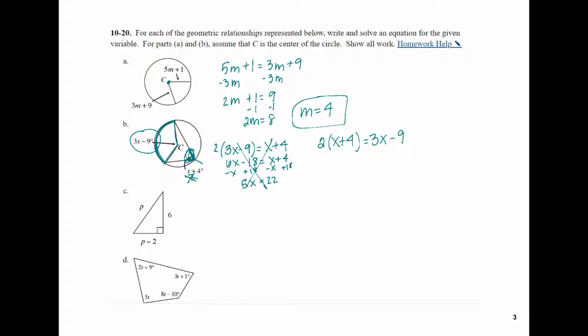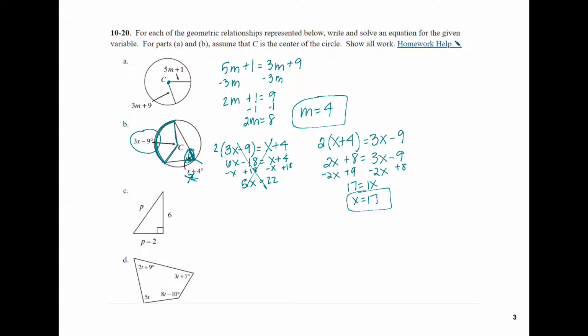So in order to set them equal, we need to multiply that angle by 2. Sorry for that mistake. Inverse operations. Let's try this again. 17 equals 1x, so x equals 17. There we go.